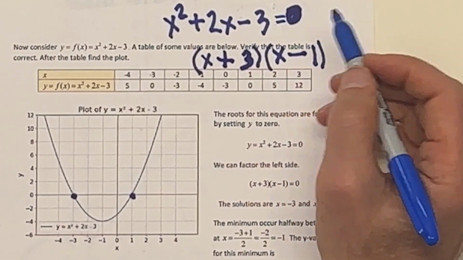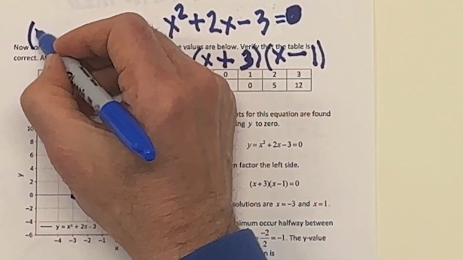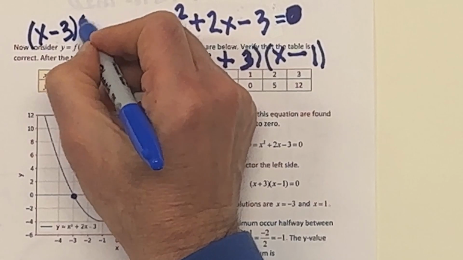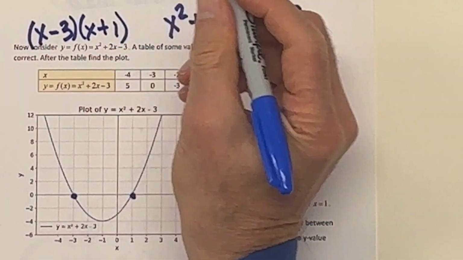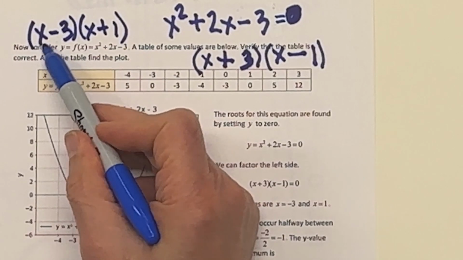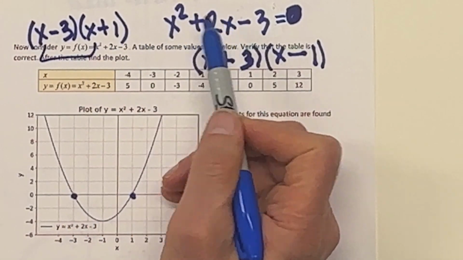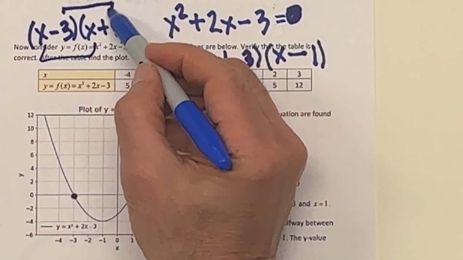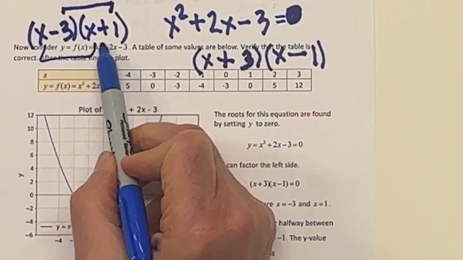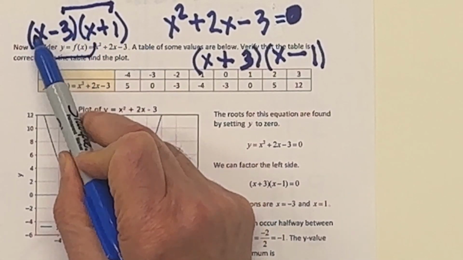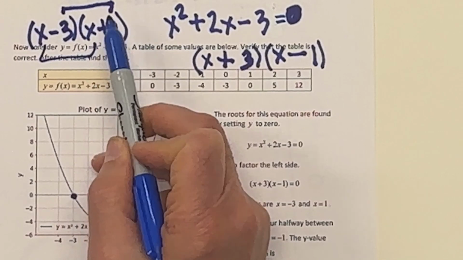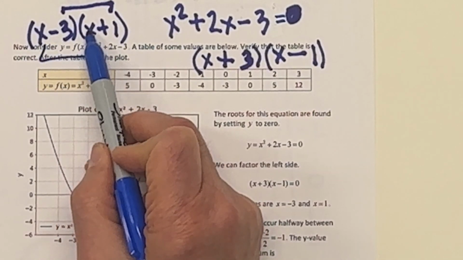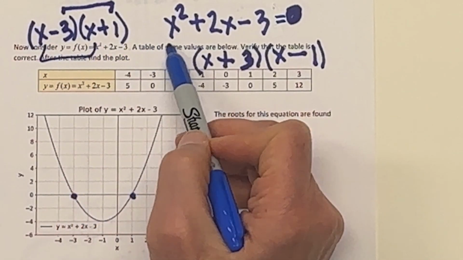Now suppose I did that the wrong way, and I first of all guessed with the minus sign and plus sign flipped. Well, when I multiply this out, I would still get x squared. I would get here -3, because I have 4 terms here: x times x, x times 1, -3 times x, and -3 times 1. So I'm looking at the x times x first to get the x squared term, and that's going to be there.